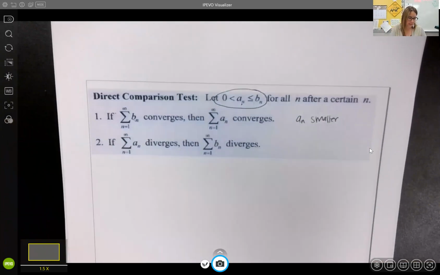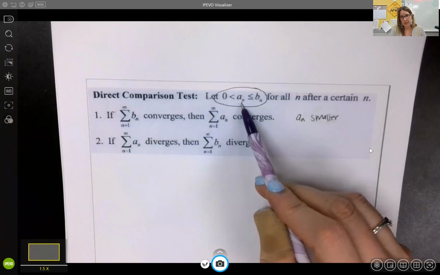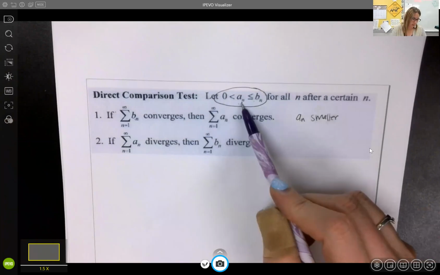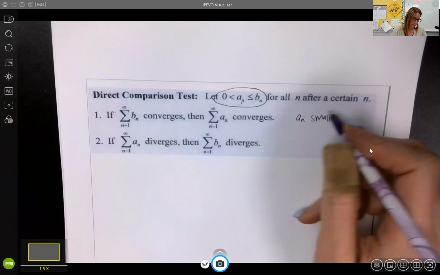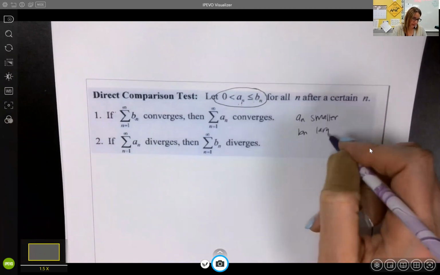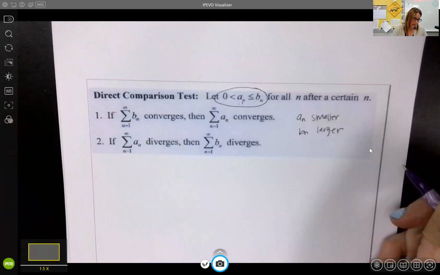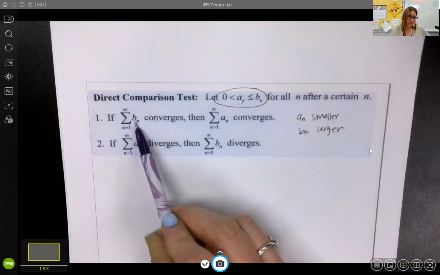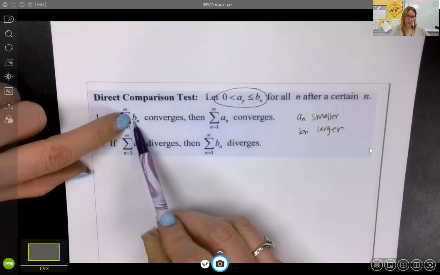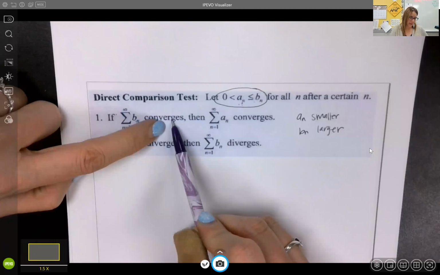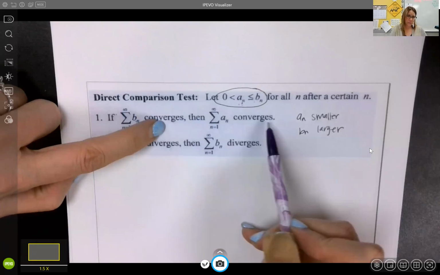So sometimes the name of the function gets a little bit confusing, okay? So an is smaller, bn is larger. So that's what we just have to make sure. So if bn that is larger converges, then a smaller one will also converge, okay?